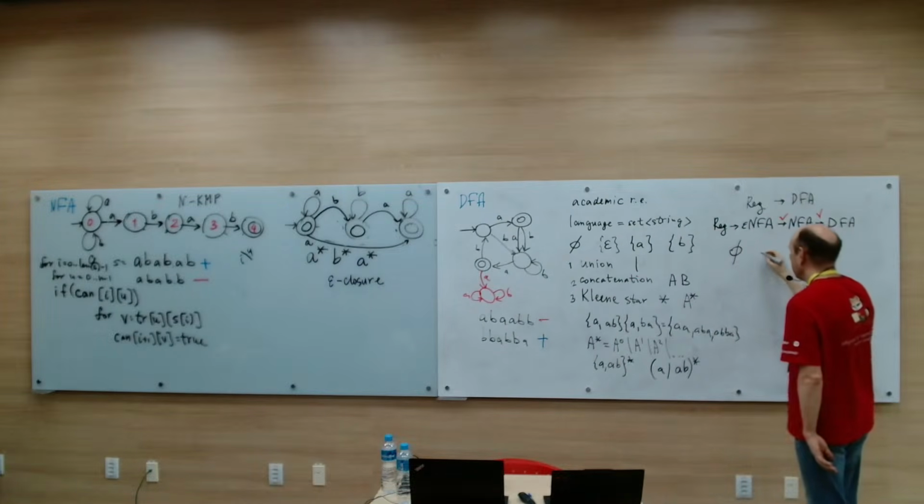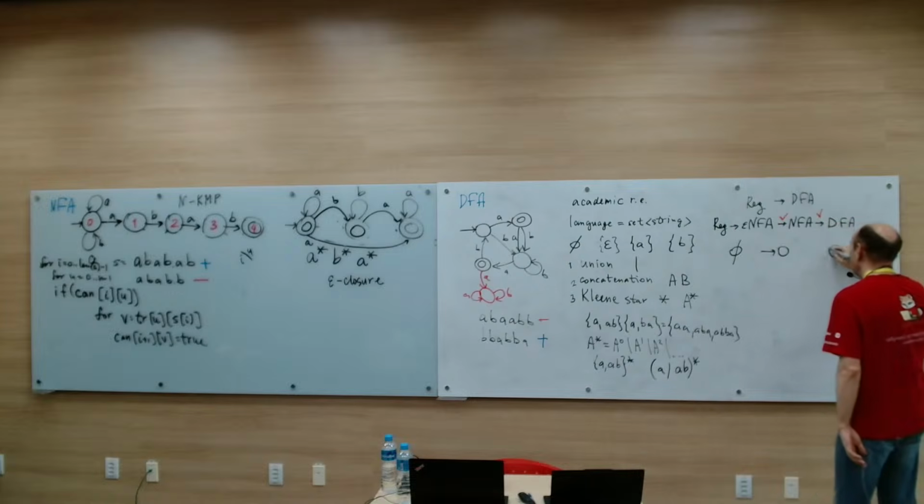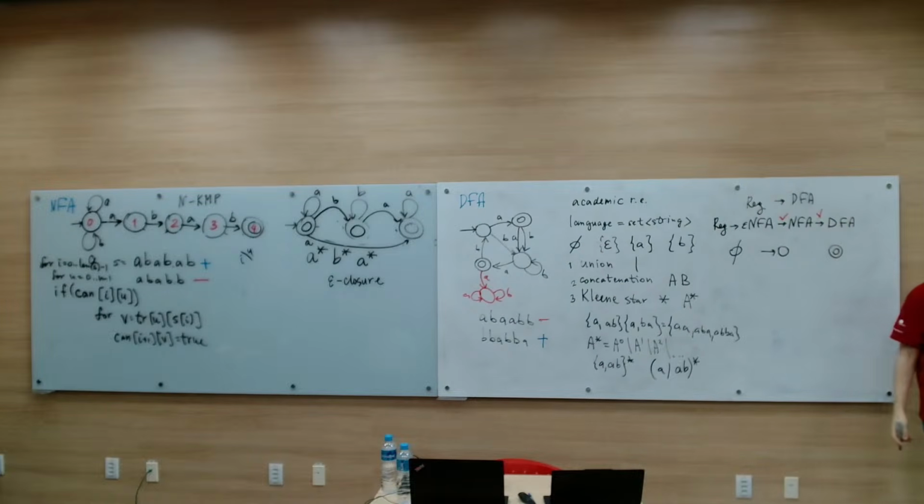For the empty language, we have an initial state and a terminal state, and they are not connected, so no word is accepted. Of course, what I am creating is not the unique automaton for every one of these languages. There can be other options, but we will create something that will work for us.